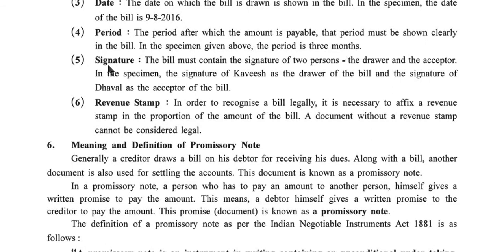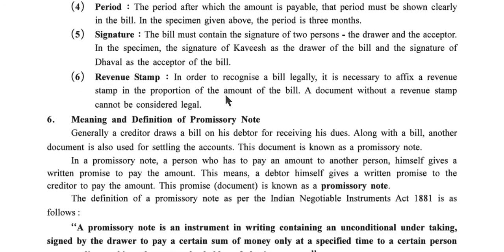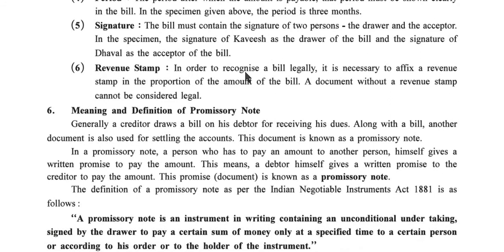Now, fifth one, signature. The bill must contain the signatures of two persons, the drawer and the acceptor. In the specimen, there is the signature of Kavish as the drawer of the bill and the signature of Dhaval as the acceptor of the bill. Sixth one, revenue stamp. In order to recognize a bill legally, it is necessary to affix a revenue stamp in proportion to the amount of the bill.